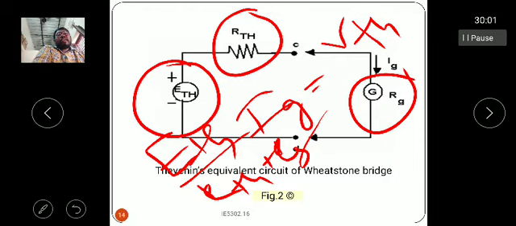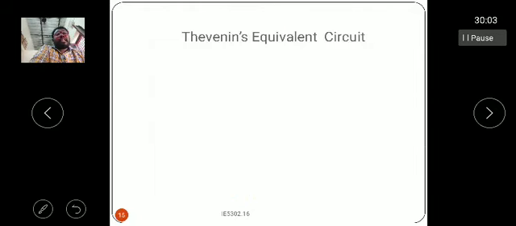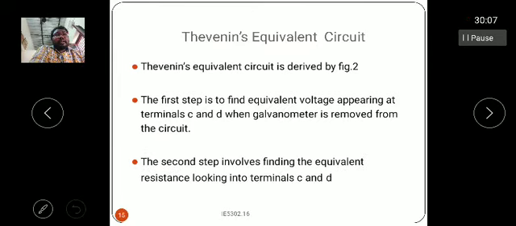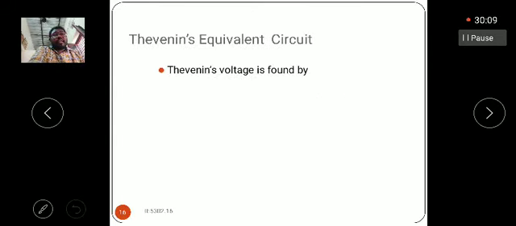Then we derive a small calculation, starting with the first step of removing the galvanometer from the circuit. Here the Thevenin's voltage is found from the voltage across the terminals CD: ECD is equal to EAC minus EAD.